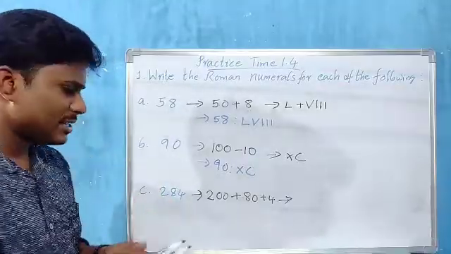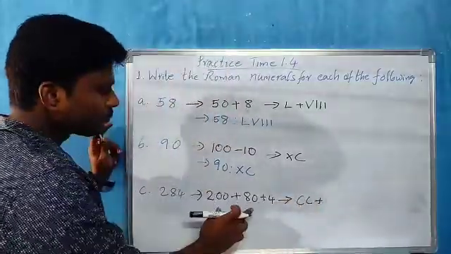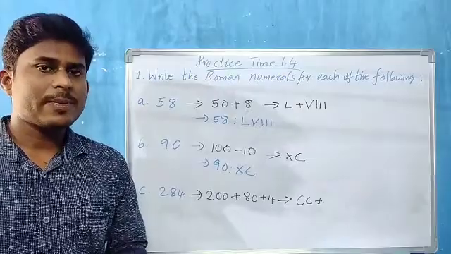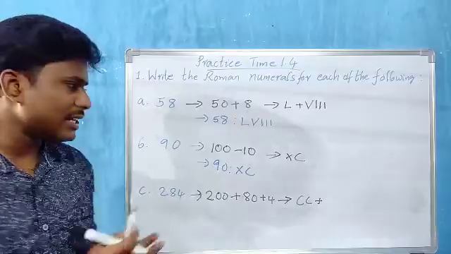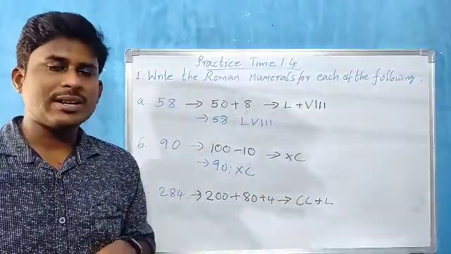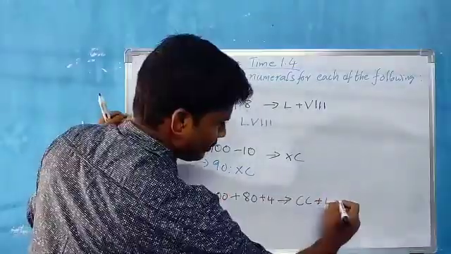C. So C and C we can write. So this gives us 200, children. 80, again we do not have a direct symbol. What do we do, children? We can write it as 50 plus 30. So the symbol of 50 is L. And 30, how do you write it, children? 3 tens, 30. That means 3 X's we have to write.